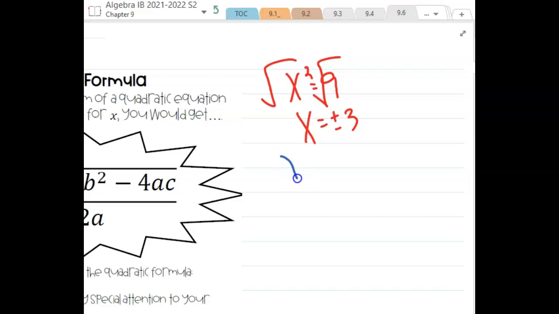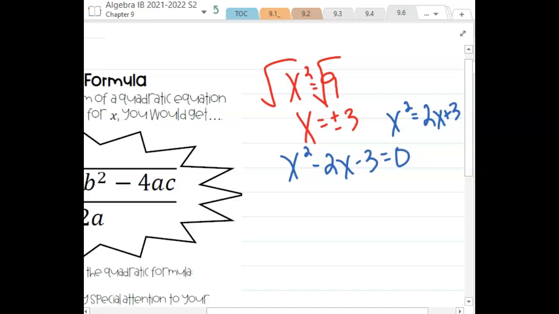But then I showed you guys that, okay, if we had something like x squared minus 2x minus 3 equals 0, I can't do the square root method here. Because if I made this say x squared equals 2x plus 3 on the right-hand side, I can't take the square root of that to solve for x.